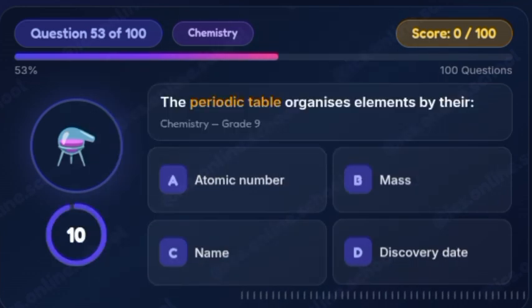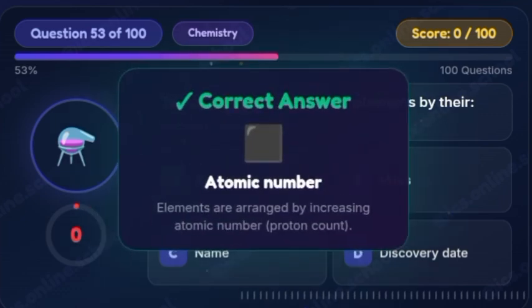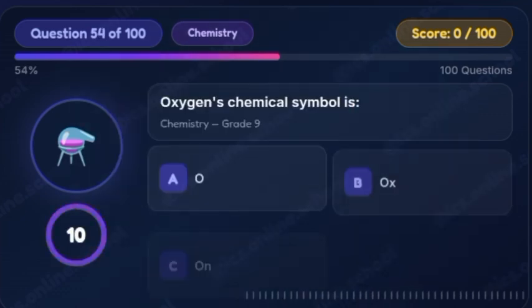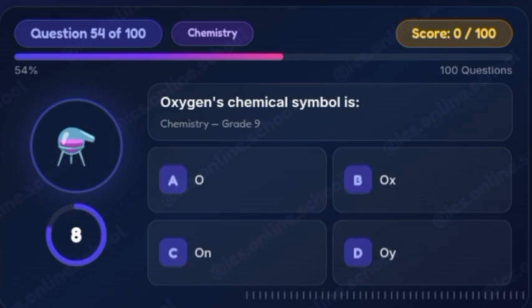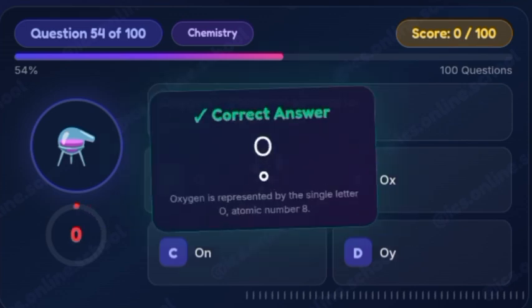The periodic table organizes elements by their atomic number. What is the oxygen chemical symbol? O.